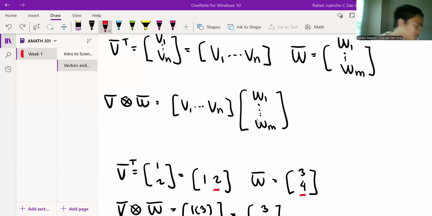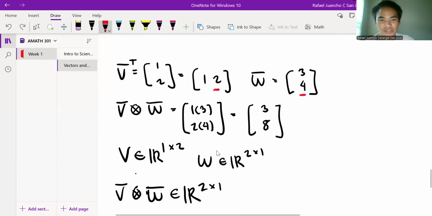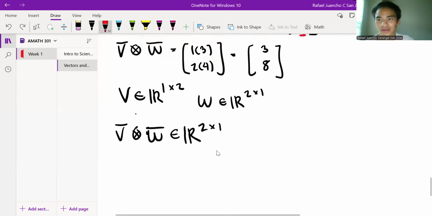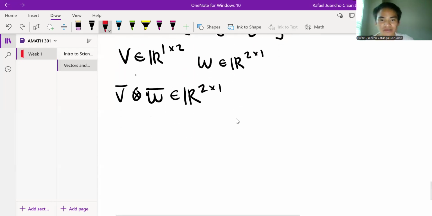Matter of fact, we're actually getting, I'm going to write that up. We're getting a dot product. Now that I just realized, yeah, we're getting a dot product. Funny, right? Why is that?